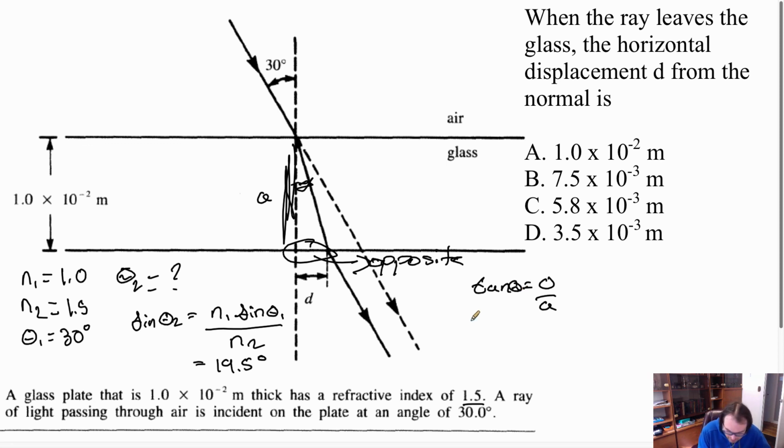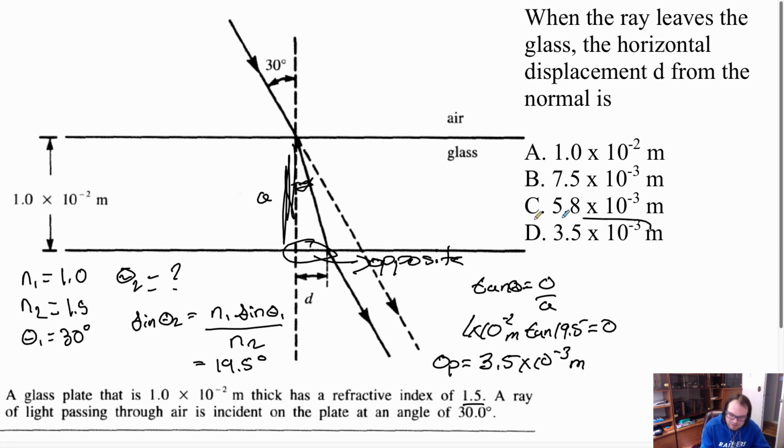So I'm going to have my adjacent is 1 times 10 to the negative 2, and that's meters, and that's going to be tan 19.5 is equal to my opposite, and that's going to give me a total of 3.5 times 10 to the negative 3 meters is equal to my opposite. So my distance is equal to D.